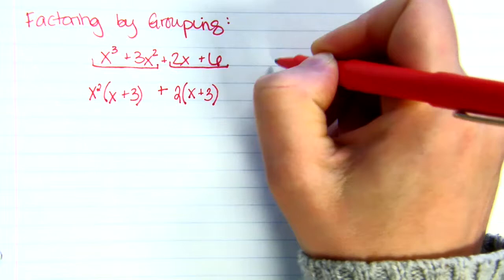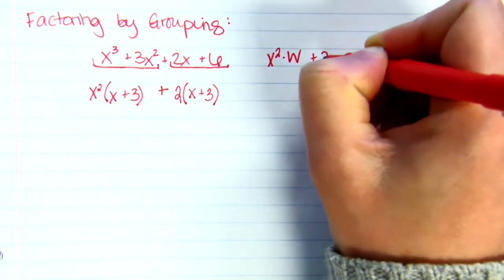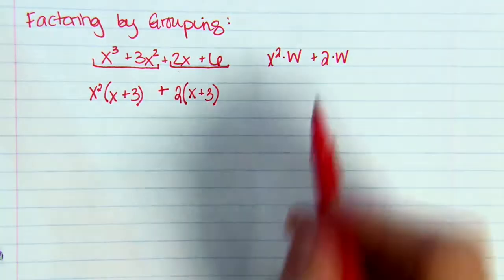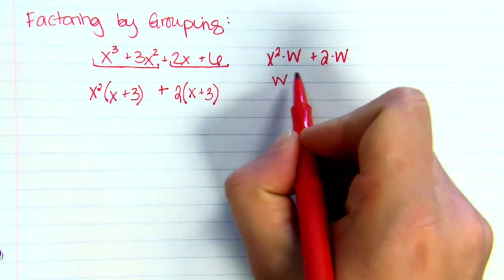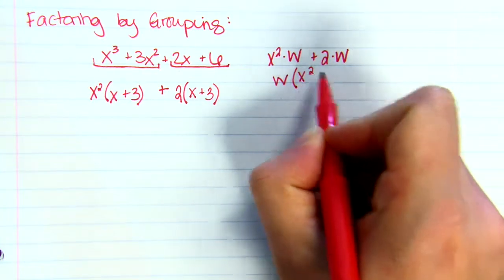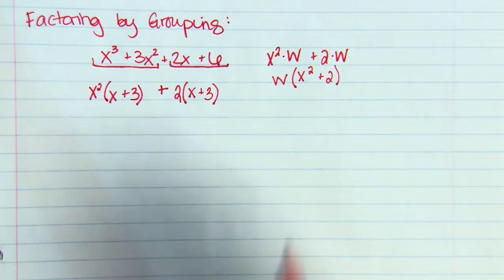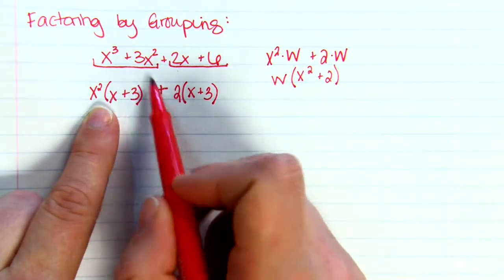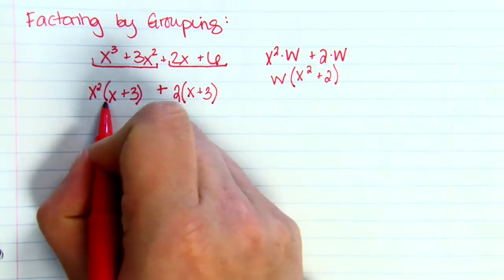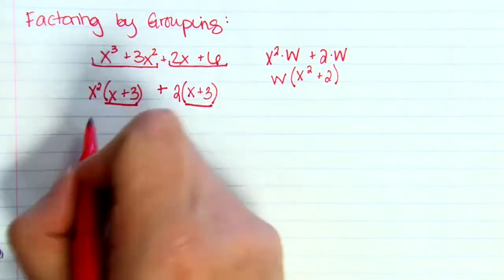Think about this for a second. If this were x squared times w plus 2 times w, they have that w in common. I could factor that out and I would be left with x squared plus 2. This is the same situation, except for instead of a w, they have this x plus 3 in common. So I'm actually going to factor this entire grouping out.